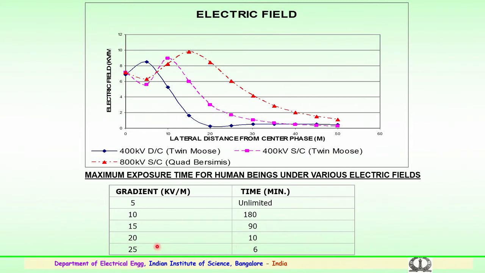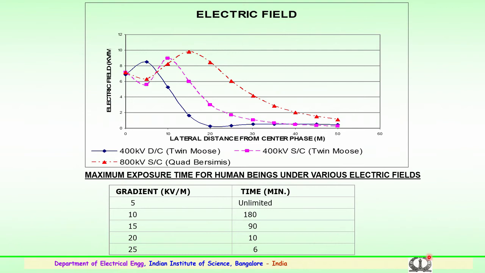In case the gradient increases to 15 kV per meter, the exposure should not be more than 90 minutes, or 1 hour 30 minutes. Similarly, if the gradient exceeds 20 kV per meter, the exposure should not be more than 10 minutes, and if the gradient is 25 kV per meter, the exposure should not be more than 6 minutes.